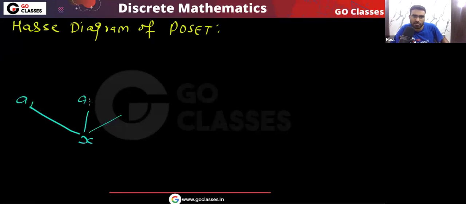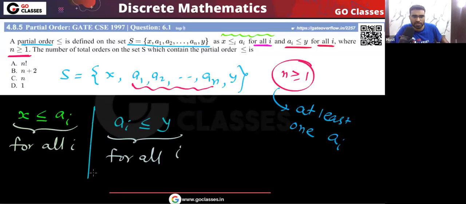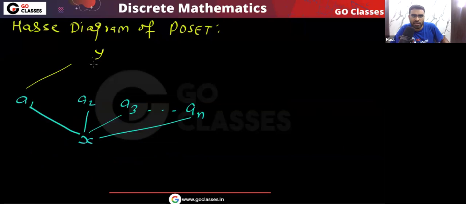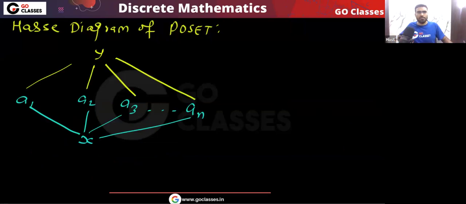X is related to A1, A2, A3, and so on up to An. And every Ai is related to Y. This is the Hasse diagram. Is this clear? So we got the Hasse diagram first.